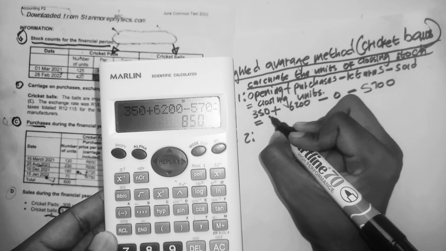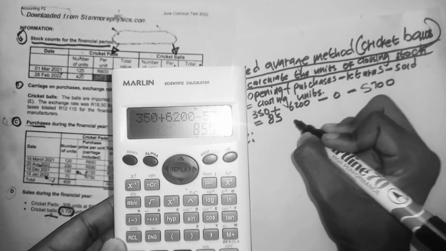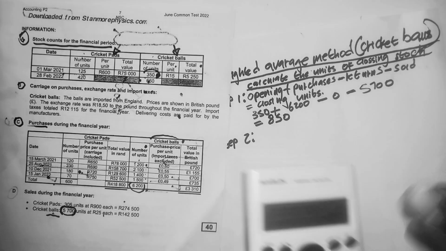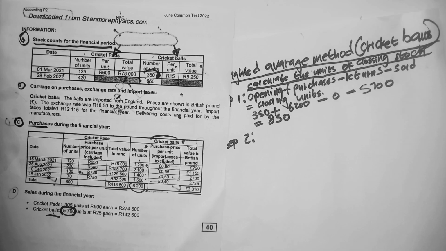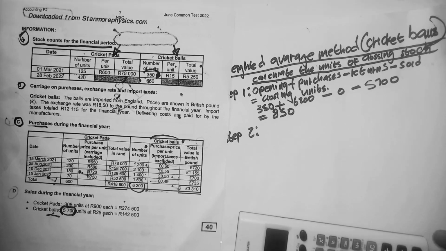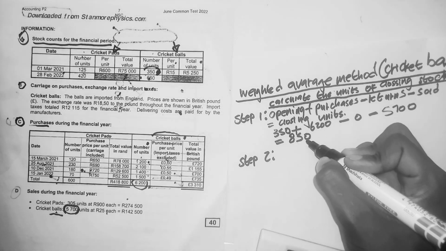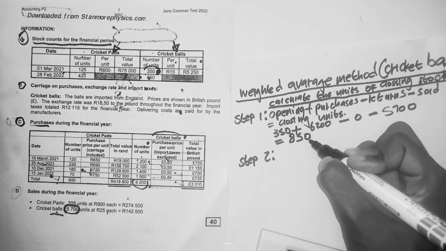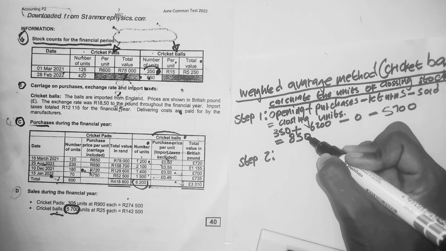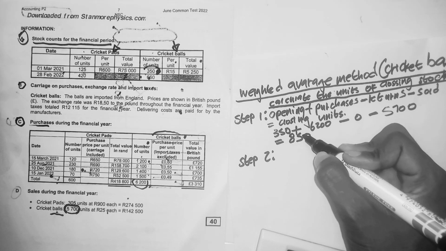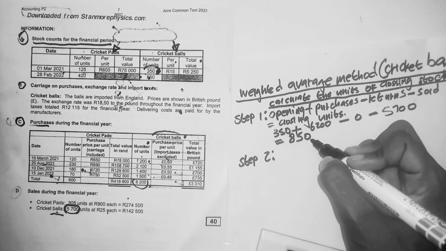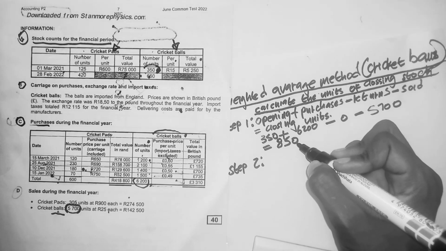So that is 850. You write it. That 850 is your units at the end of the year for step 1. Which means at the end of the year you have 850 cricket balls left that you did not sell. So this is your closing stock, the stock of cricket balls that you have at the end of the year.